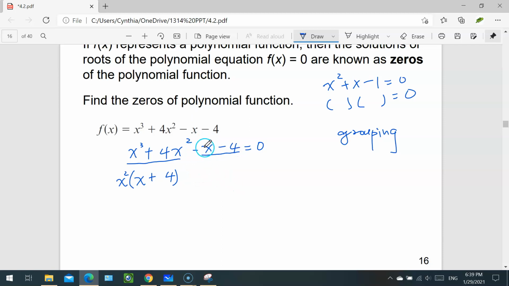Because the sign in front of x is negative, I have to keep the negative sign in between here. Now open another parenthesis, minus x, right? That's what it was. So minus x. Now the 4, we squeeze the 4 into the inside of the parenthesis here.